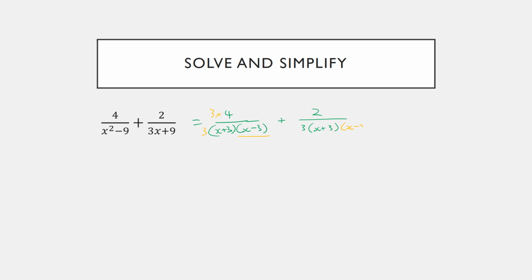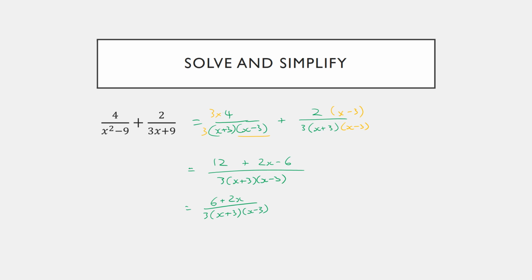So we get x minus 3 on the top and bottom. So we'll expand this and make it a bit nicer. So we're going to have 12 plus 2x minus 6 over 3(x plus 3)(x minus 3). And then we get 6 plus 2x over 3(x plus 3)(x minus 3).